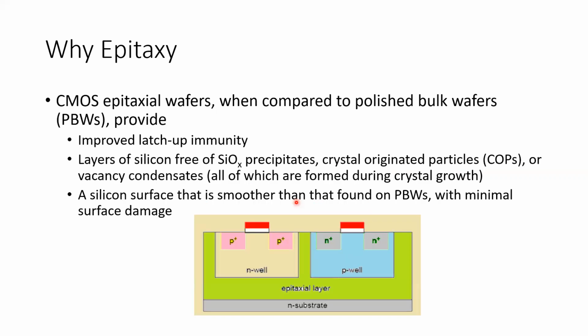For CMOS fabrication, this epitaxial layer on top of a bulk or the substrate has many advantages compared to the polished bulk wafer, a PBW we call it. So this CMOS epitaxial wafer can improve the latch-up immunity.